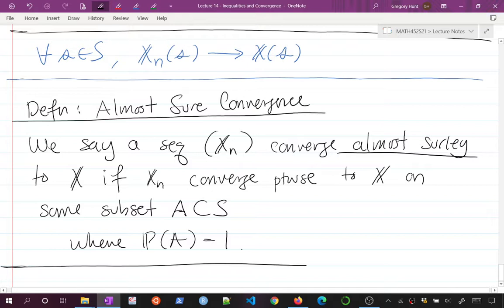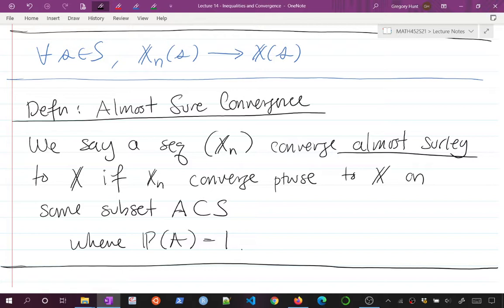The set on which they converge has probability 1. So we say they converge almost surely because they converge surely almost everywhere.